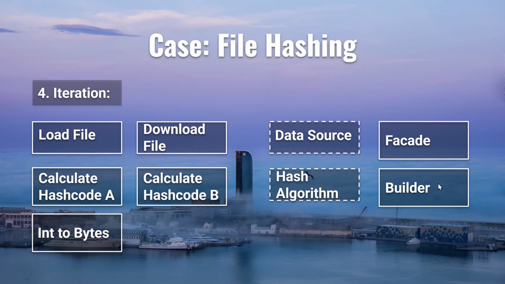And then the builder class, which can help us build a facade and specify which data source path and which hash algorithm to use in the facade after it has been constructed.